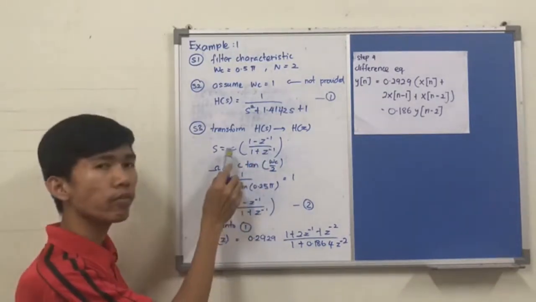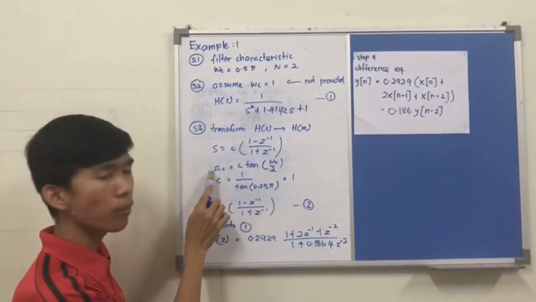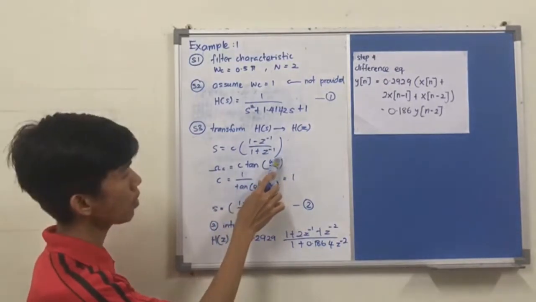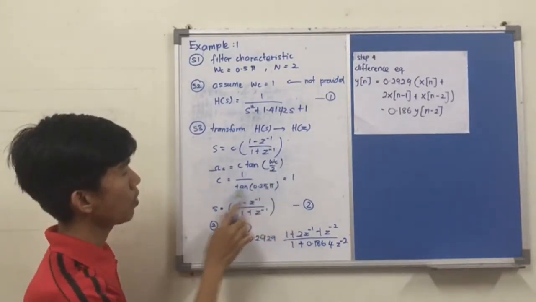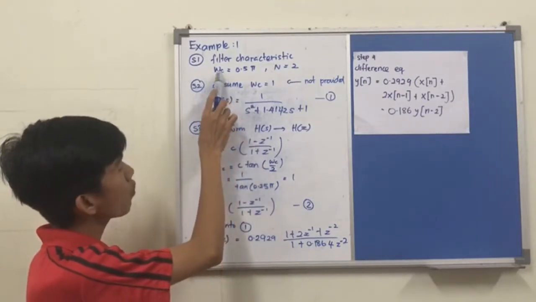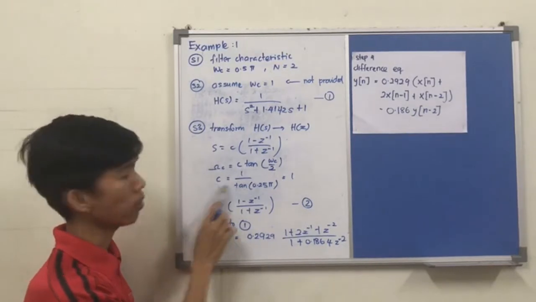Since we don't have the c value, we use the formula c equal to tan(ωc over 2).